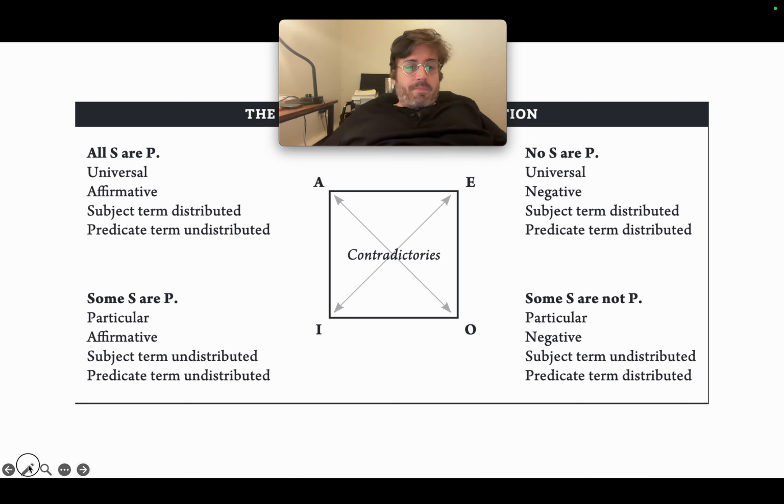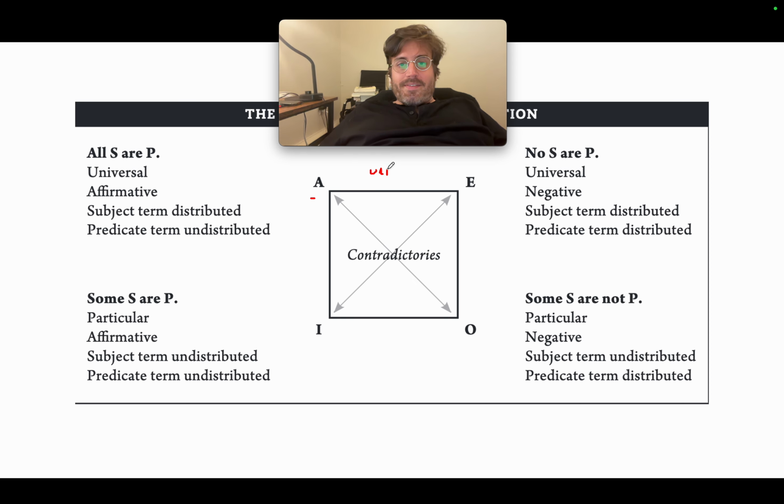So we're always going to be putting our A propositions up here in the upper left, our universal affirmative proposition, all S are P. Then we move over to the right for our universal negative, no S are P. So notice that we have our universals. I'm just going to try to write this up here on the top of the square.